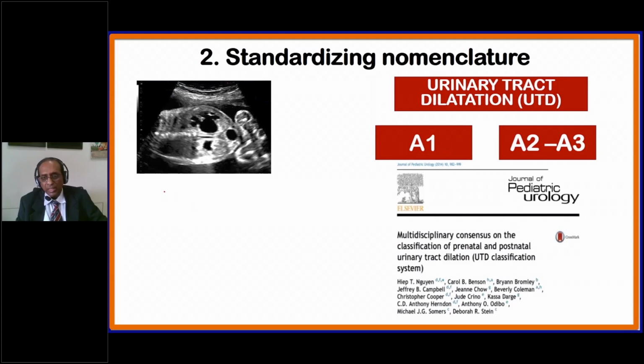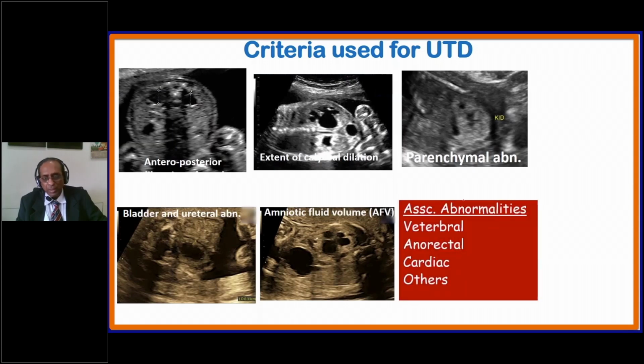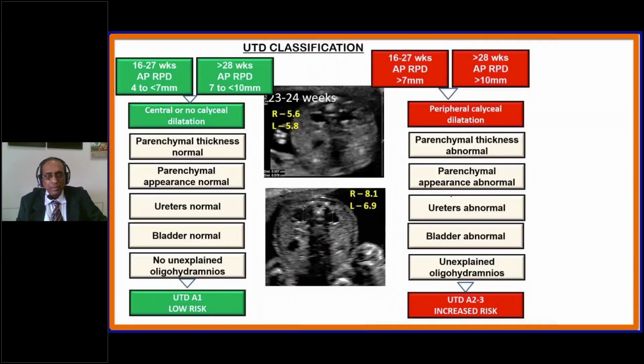This is an internationally accepted classification for urinary tract dilatation. The criteria used are the anterior-posterior diameter of the renal pelvis, extent of the calyceal dilatation, parenchymal abnormalities, bladder and ureteral abnormalities, amniotic fluid volume, and the presence of associated abnormalities. We should always look for associated abnormalities like vertebral, anorectal, cardiac, and others.